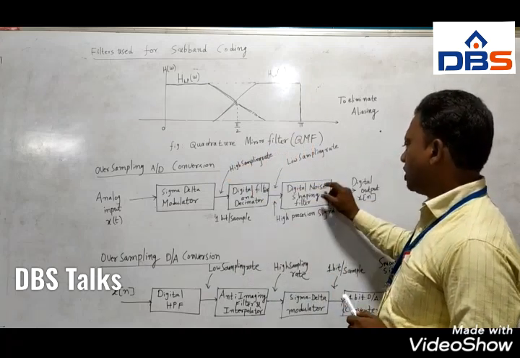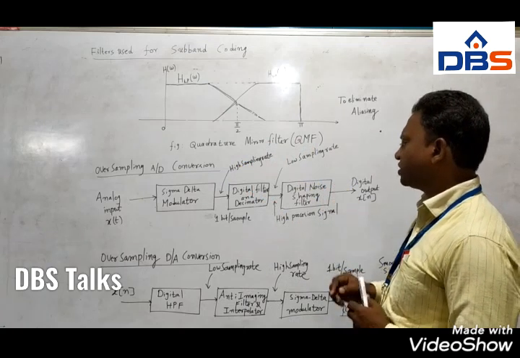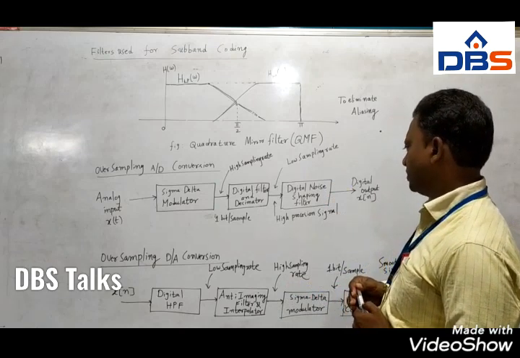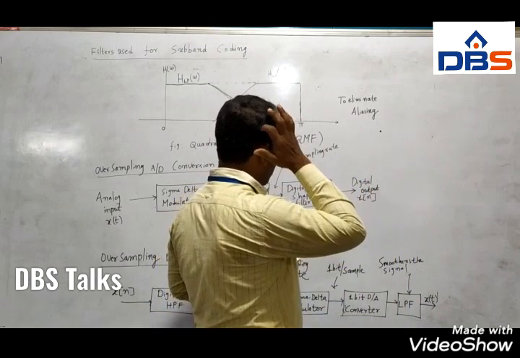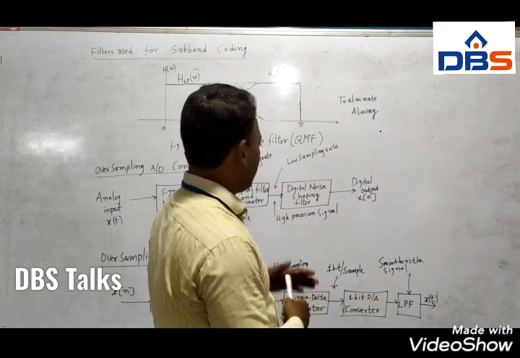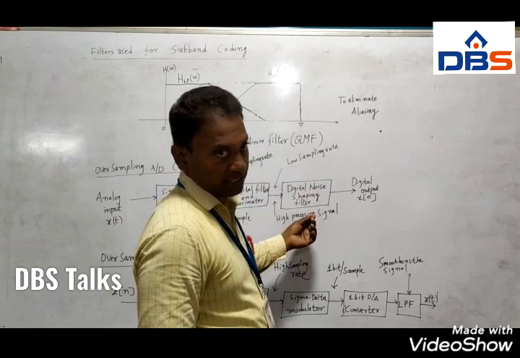After that we have a low pass filter, which is a digital noise shaping filter, generally a low pass filter which passes the wanted frequencies. Therefore here we get the digital output, that is X of n.